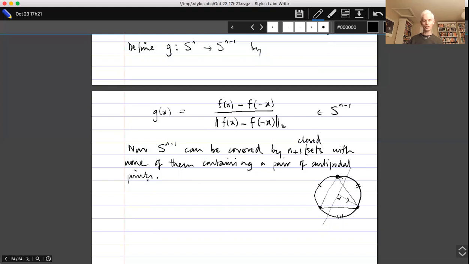So let me just write down something along those lines. To do this, take a regular simplex, so we're in S^(n-1), which lives inside R^n, so I've got an n-dimensional simplex.